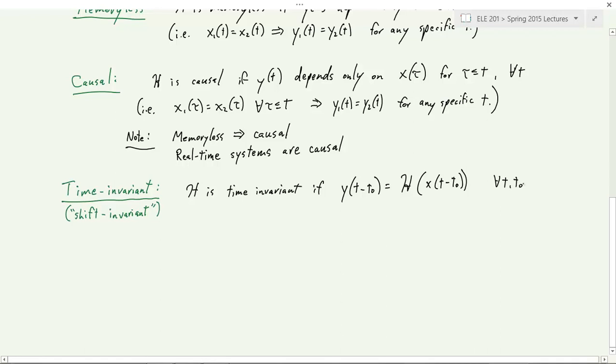If it's just sitting there waiting to respond to an input, and it doesn't matter how long it waits, it's going to respond the same way, then it's going to be time invariant. All right. So this is just rewriting the above: if x2 is the time-shifted version of x1, then that would imply, for a time invariant system, that the output is similarly delayed in time, or advanced if t naught was negative.